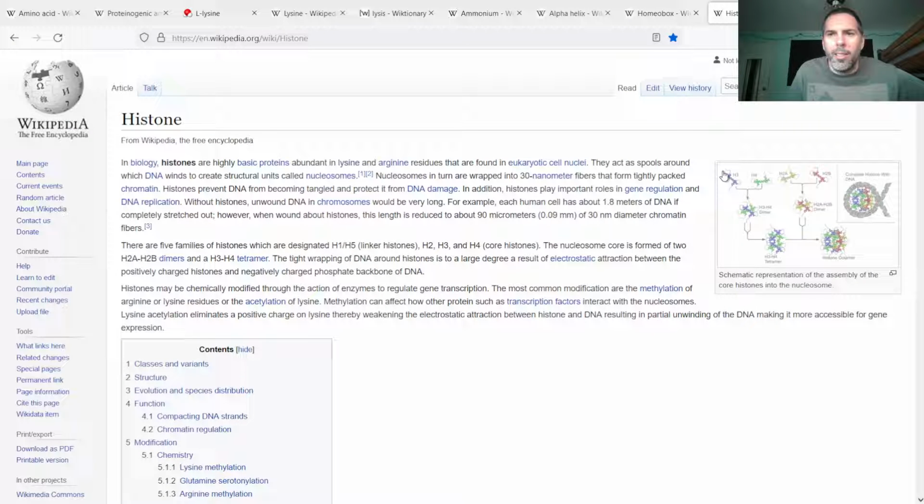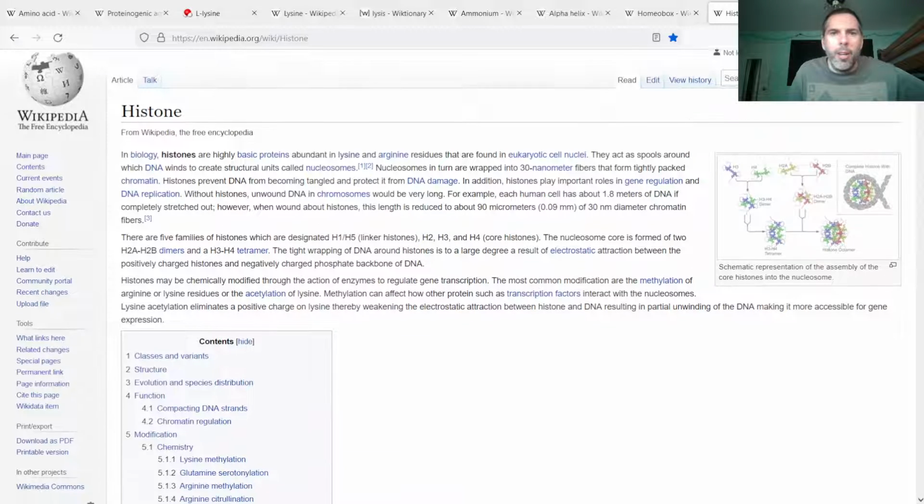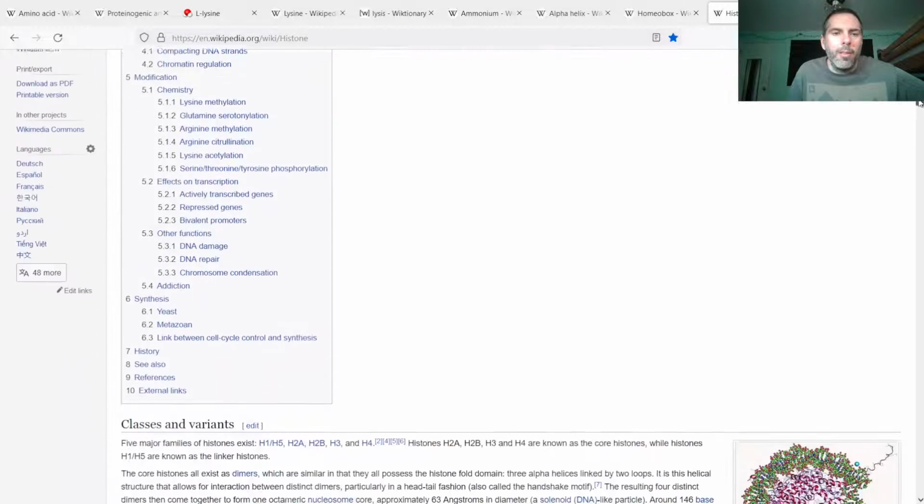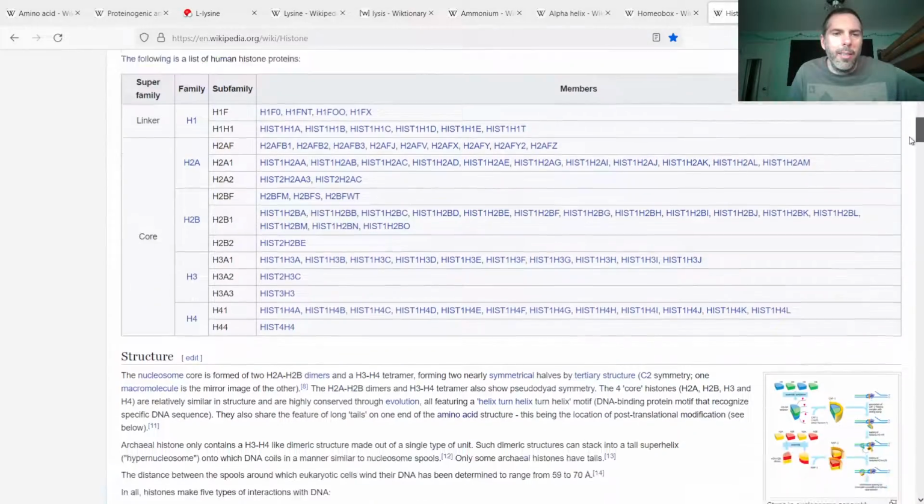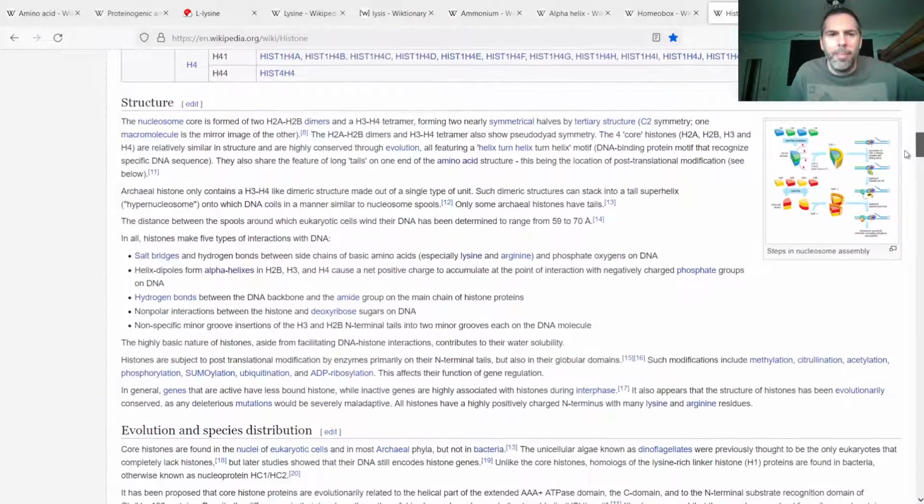And lysine also provides positive charge on histone proteins, that help organize DNA in chromosomes. Again, arginine is also found alongside lysine in these histone proteins.